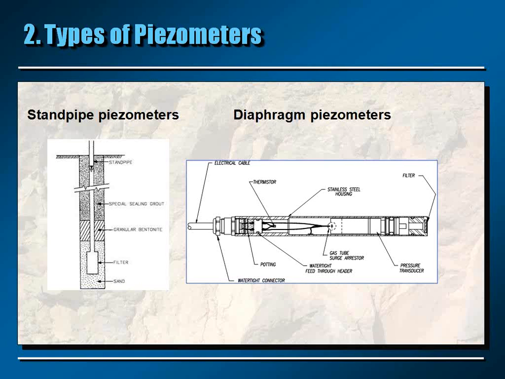This piezometer consists of a pipe which has at the bottom end a filter that will allow the water to get in the piezometer, but not the soil. So only the water will get through the filter and go up in the pipe. By measuring the water level in the pipe, it is possible to know the exact water pressure at the elevation of the filter.